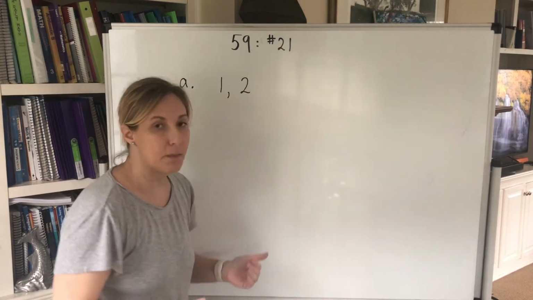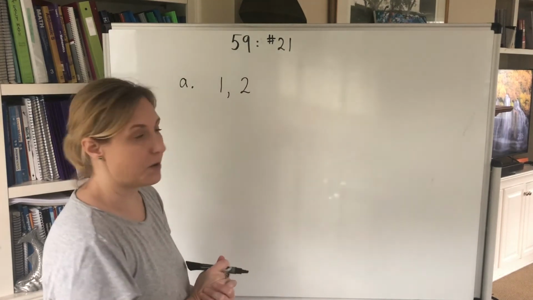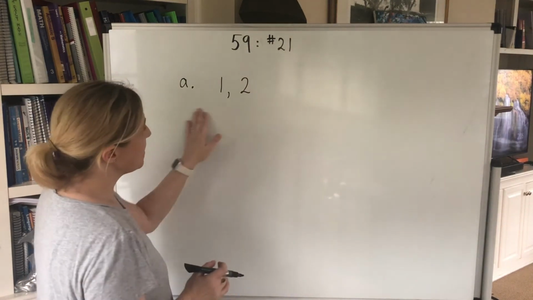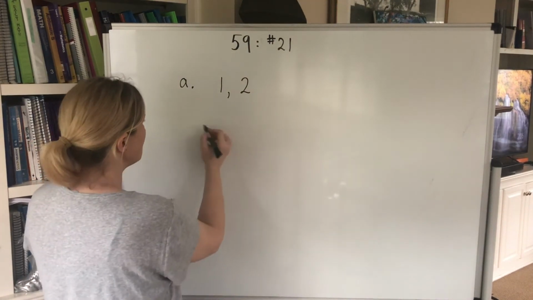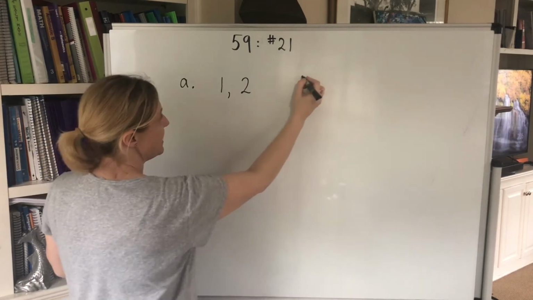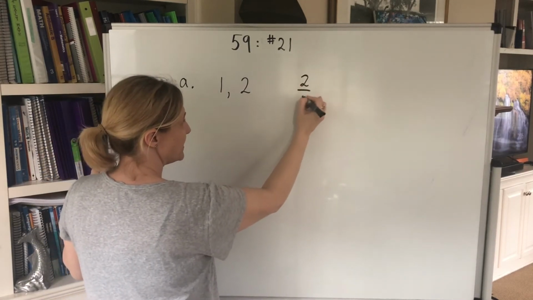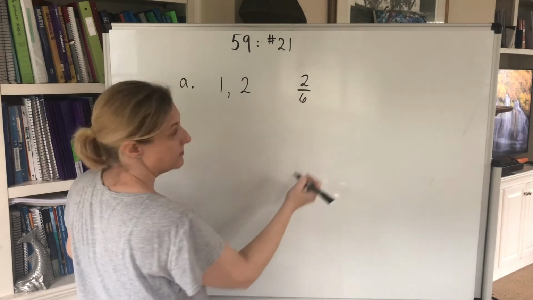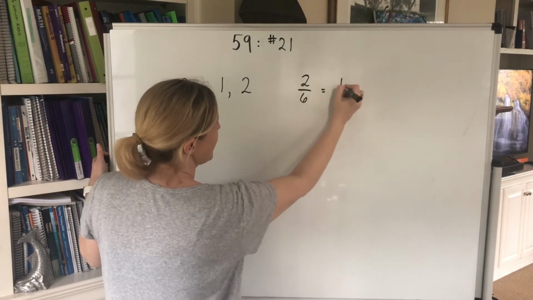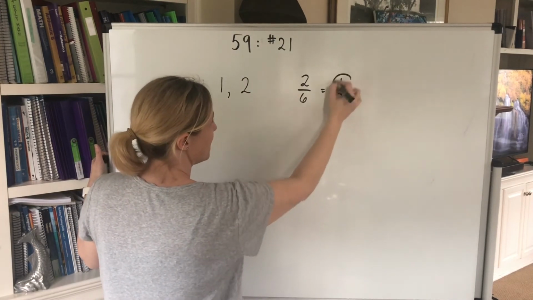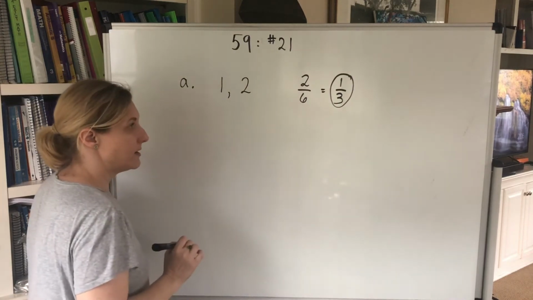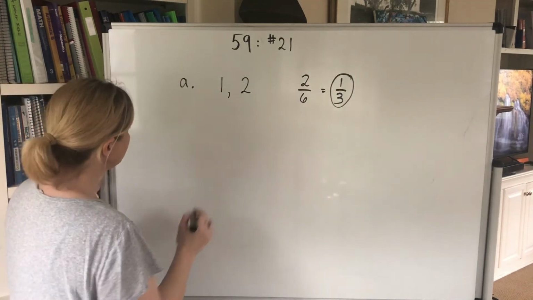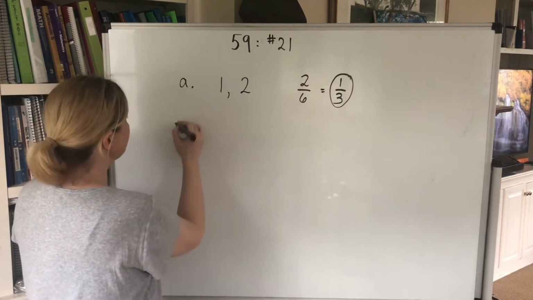Those are the only numbers less than 3 on a number cube, or on a die. So our answer will be 2 out of 6 choices. And that reduces to 1/3, right? So our answer is 1 out of 3, or 1/3, or 1 to 3.